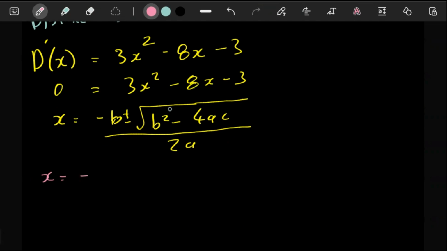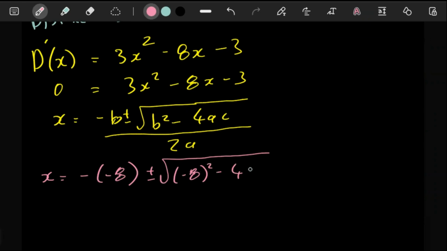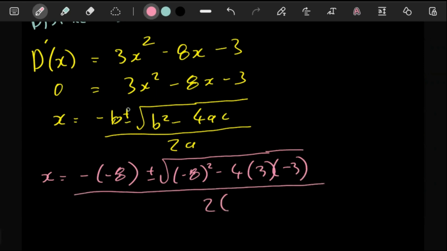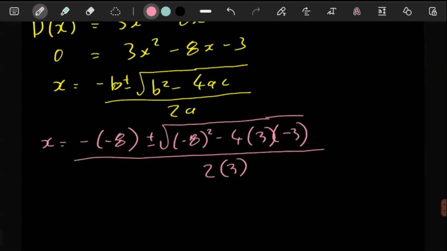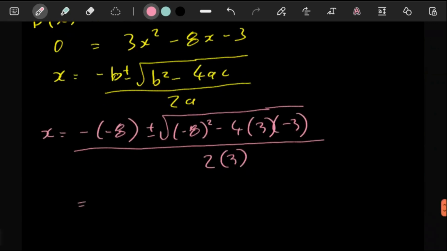What is b? b is negative 8, so this is negative 8 squared. Our a value is 3, and our c value is negative 3. We need to put everything in the calculator here.